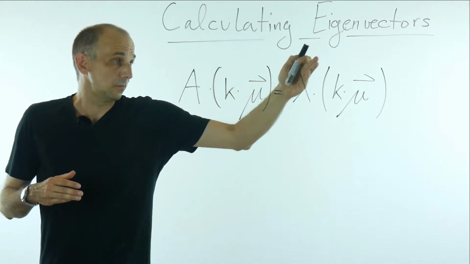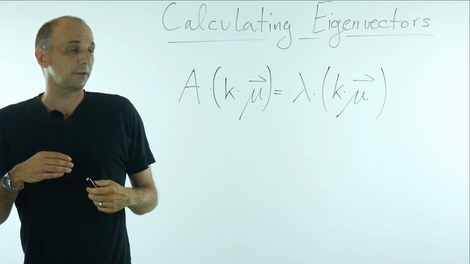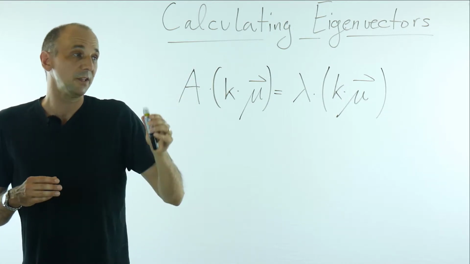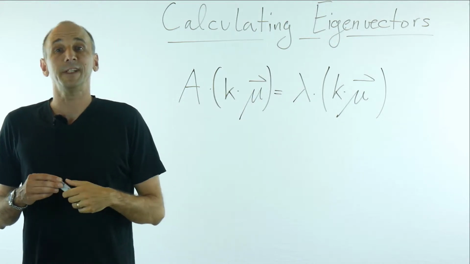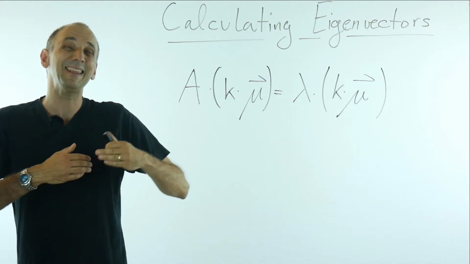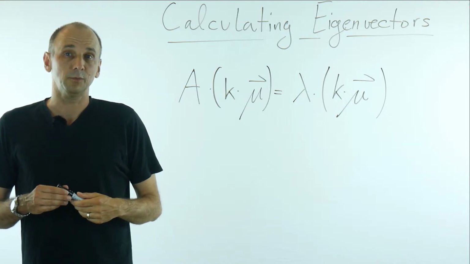I can use this factor because we are looking at linear maps. This is exactly a point of linearity that we are using here, which gives us this 1 degree of freedom in the length and orientation of the eigenvalue.